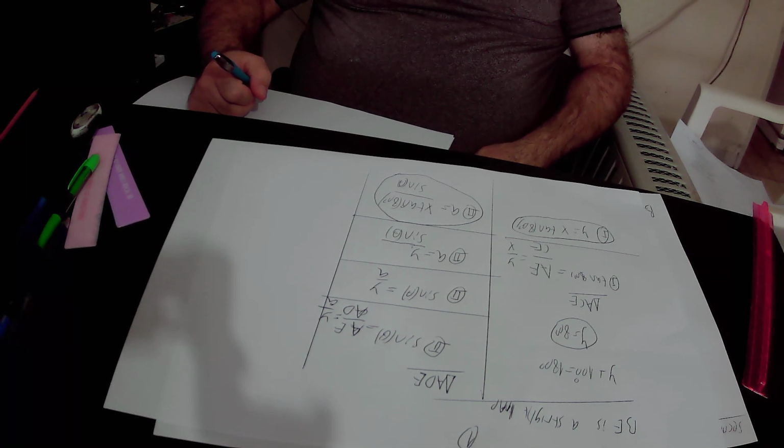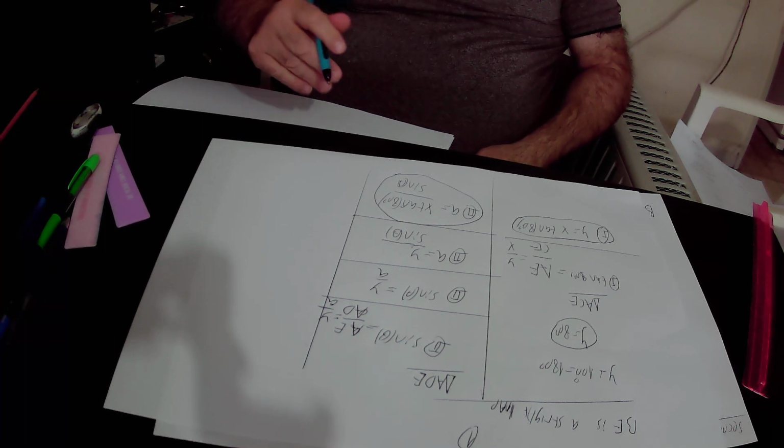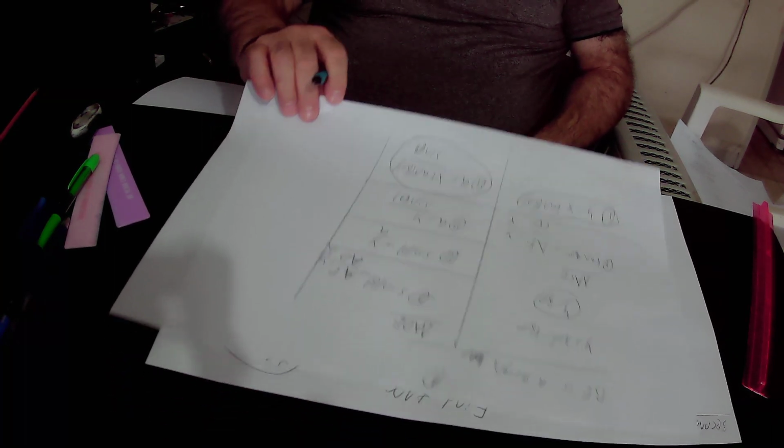Now we'll focus on the right big triangle, triangle ABE.